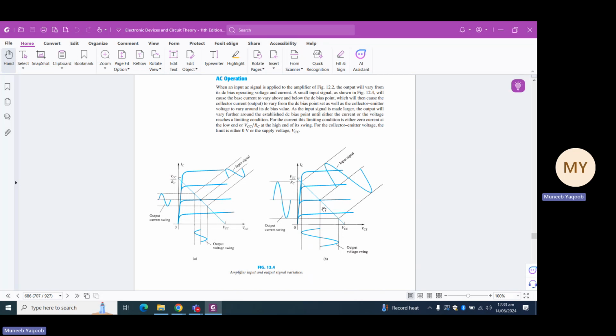It is basically a transfer curve of the input signal and the load line. From the input signal, we come towards the load line, and from the load line, we come towards the output signal, and hence we draw this curve.